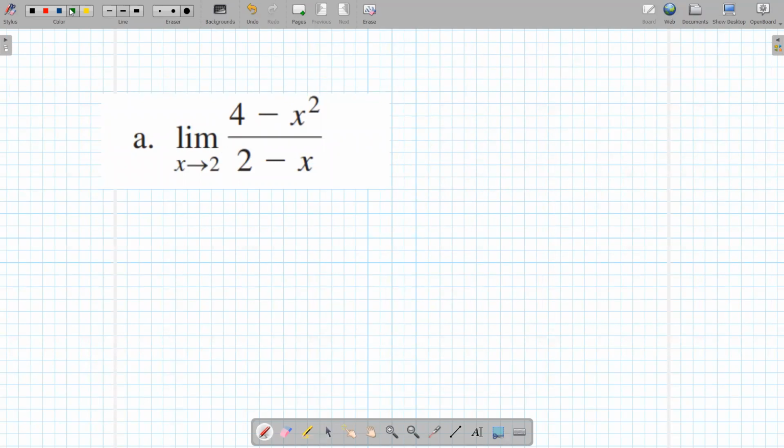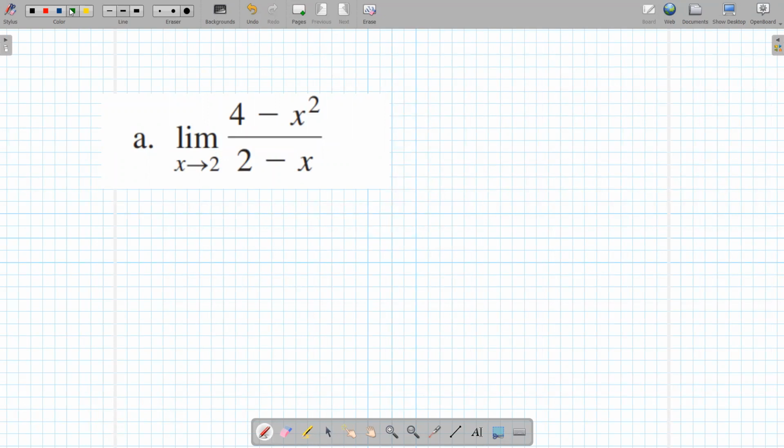Any ideas on how to factor the numerator? The numerator is a difference of squares, if it helps. It's in the form of a squared minus b squared. What is it going to be?